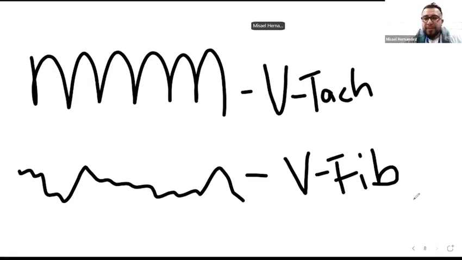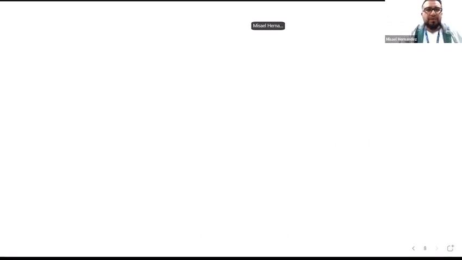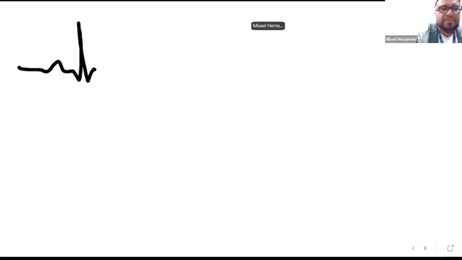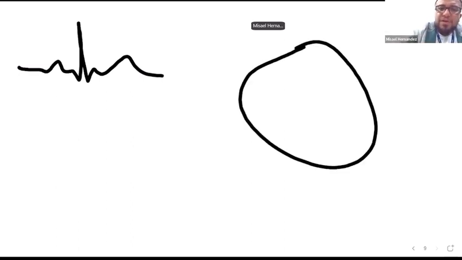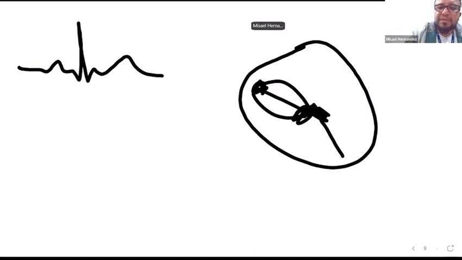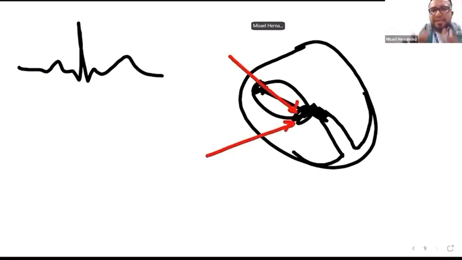All right, he said that you don't have to know heart block, but let me just talk about it real quick. This is normal sinus rhythm, right? Sort of, I know I drew it a little ugly. In the heart, you have the SA node, the AV node, the bundle of His, the right and left bundle branches, and the Purkinje fibers. So the impulse is supposed to go this way, but then the AV node right here creates a pause.